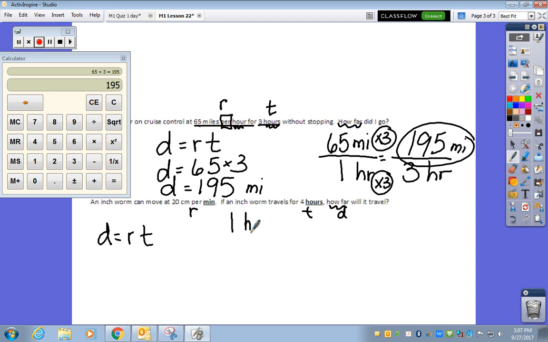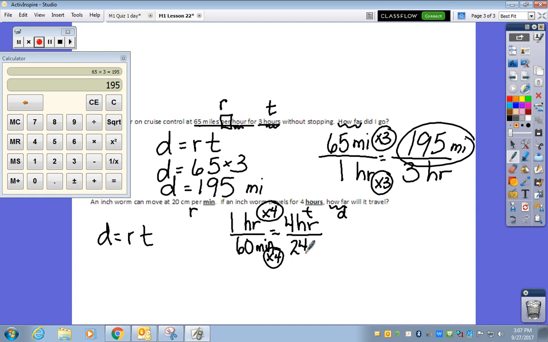In order to do this, I know that 1 hour is 60 minutes. Okay, that should be something hopefully that you know. I'm trying to figure out how many minutes 4 hours is. So what I would do is I would say 1 times 4 is the 4. So 60 times 4 would give me the number of minutes that that's equal to.